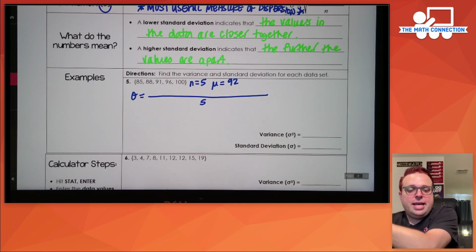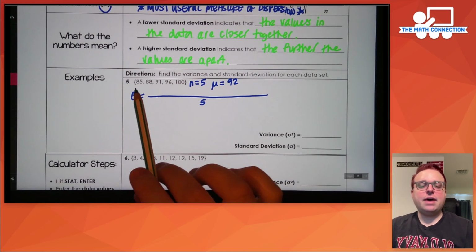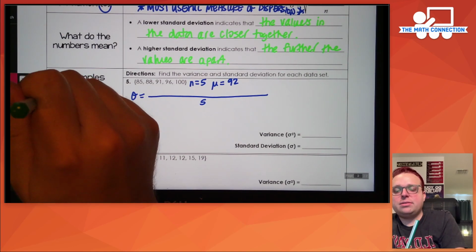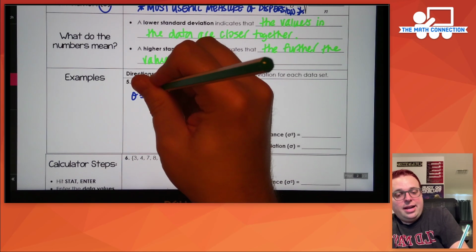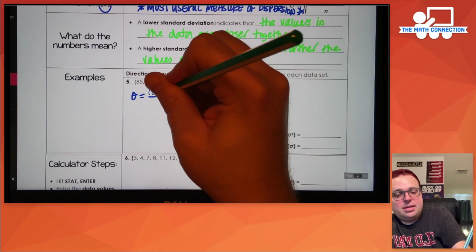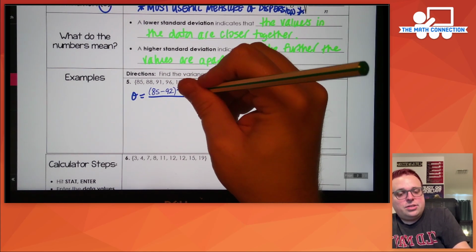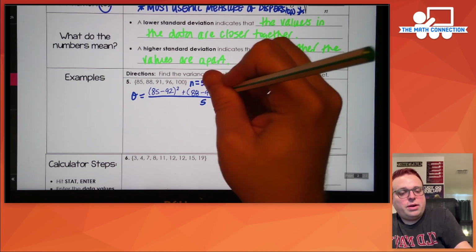So we need to take the 85 minus 92 and square it. I'll go ahead and write the whole thing out so you can see how it's all done. So you take the 85 minus 92 and you square it. You add that to 88 minus 92 squared.